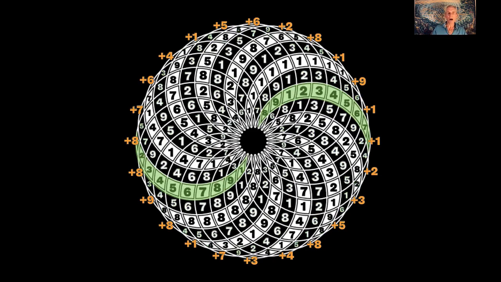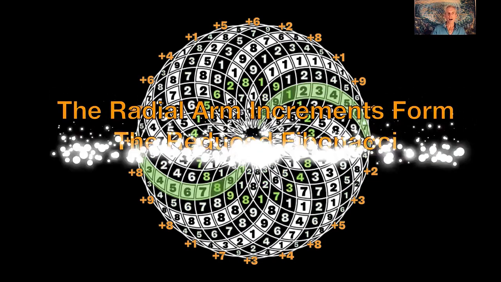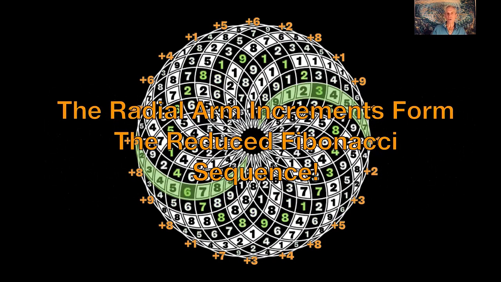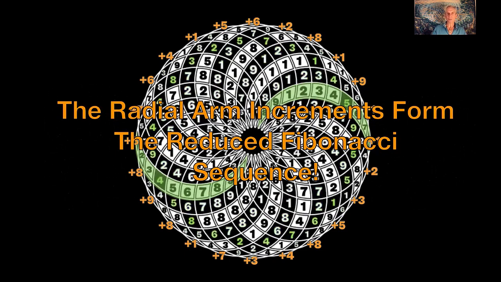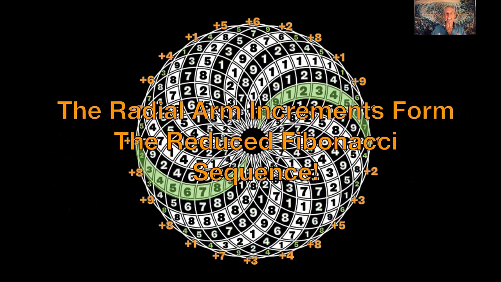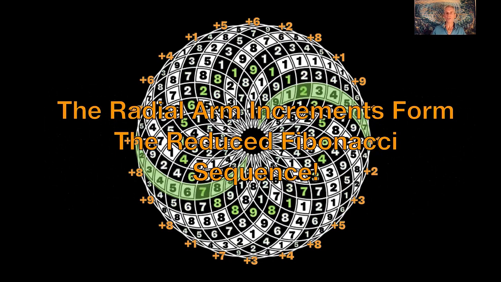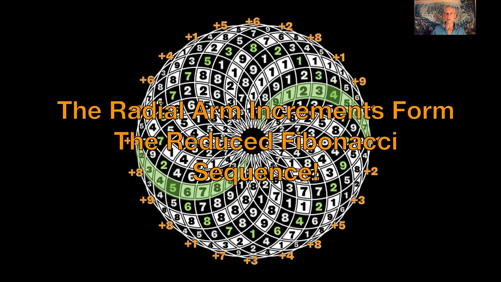But I'm using all positive numbers to illustrate the increments. And what I want to really surprise you with is the fact that these orange increment numbers are the reduced Fibonacci sequence. Let me say that again, read it with me. The radial arm increments form the reduced Fibonacci sequence.